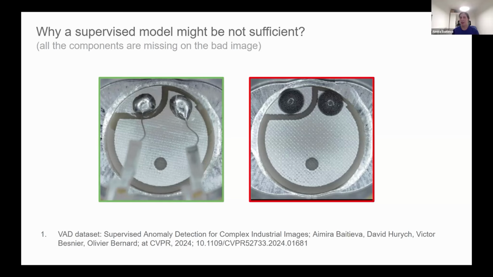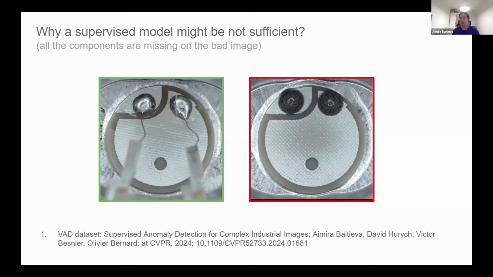And if you cannot detect them, they will be shipped to customers. On this slide, the normal image is in green for reference, the abnormal image is in red, and if you trained your classification model only, let's say, to detect scratches, it might not even recognize this new defect with all the parts missing, because there are no scratches. So we cannot really train anything supervised which is not able to detect new types of anomalies.